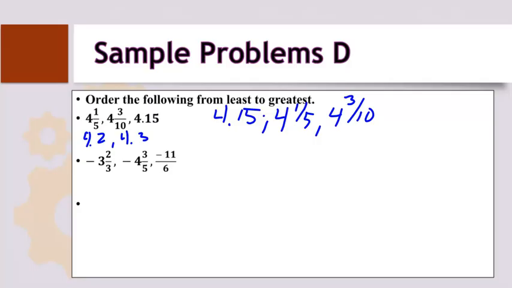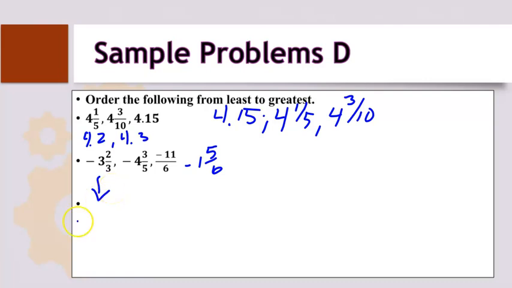And our last one, I'm going to rewrite this last one. This would be a negative 1 and 5/6. So a common denominator of 3, 6, and 5. So 30 would be the common denominator.